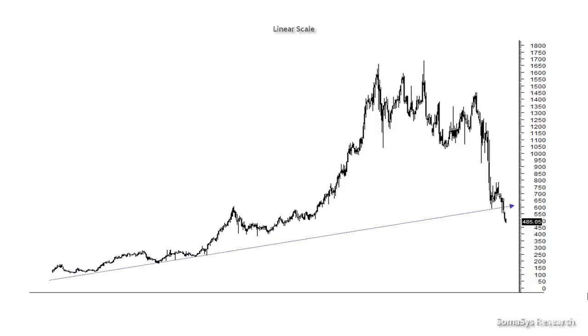Now, someone who has drawn this trend line is watching for its break, which happens here. Another trader has drawn this trend line here and is watching for its break to exit the long position, which happens over here.